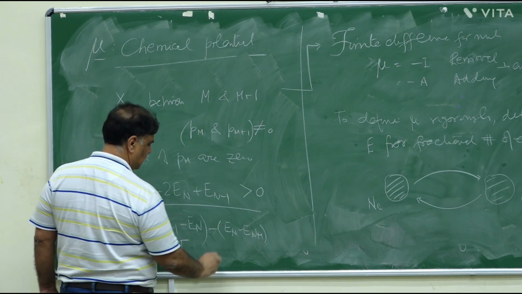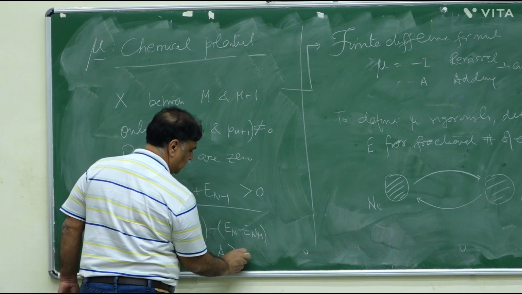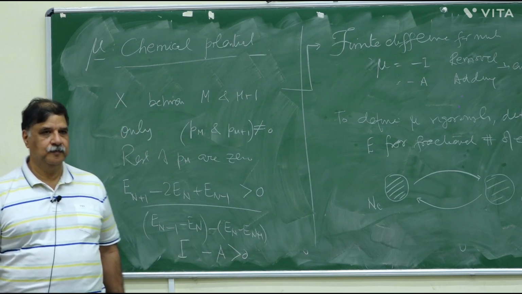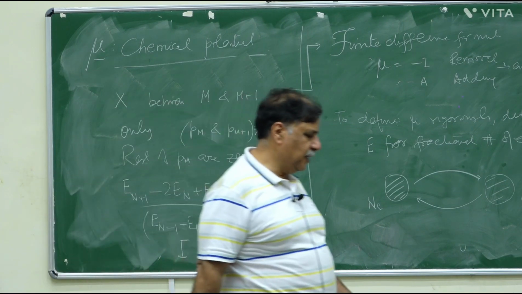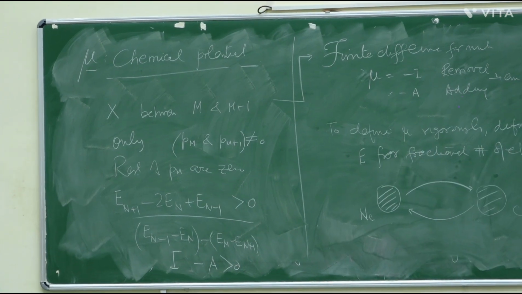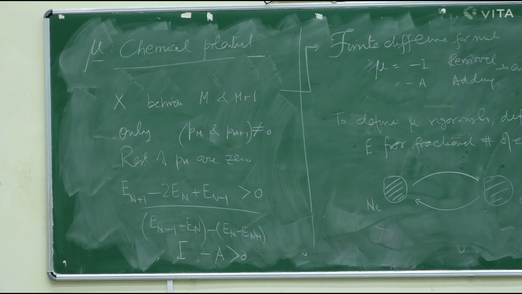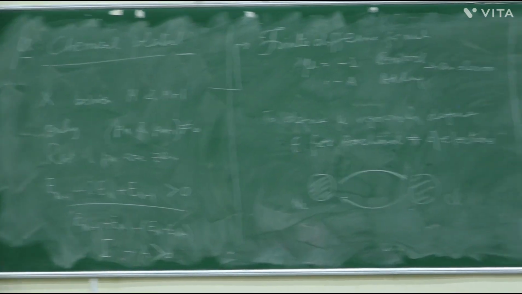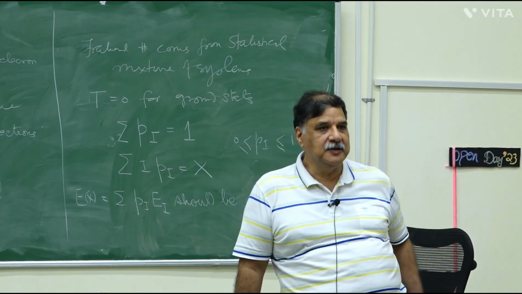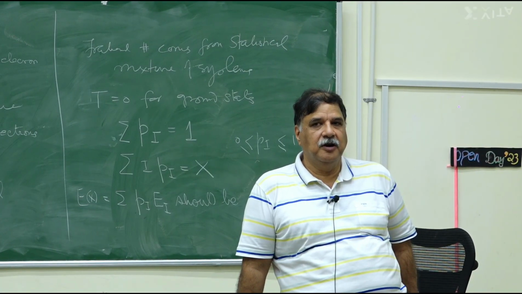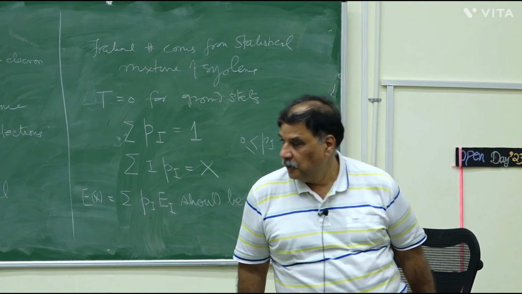This is the ionization potential, this is the electron affinity; this is always the convexity of all systems. And that makes sense. If there's an interacting system, as you increase the number of electrons, the electron interaction increases, and therefore removal becomes easy, because there's a lot of positive energy you're pumping in.